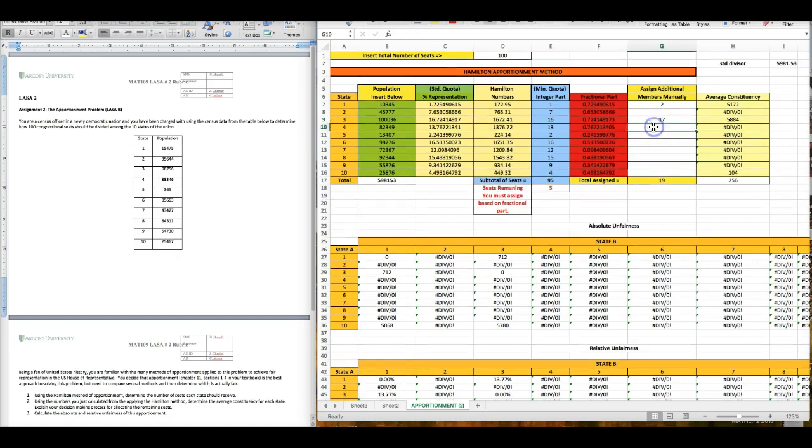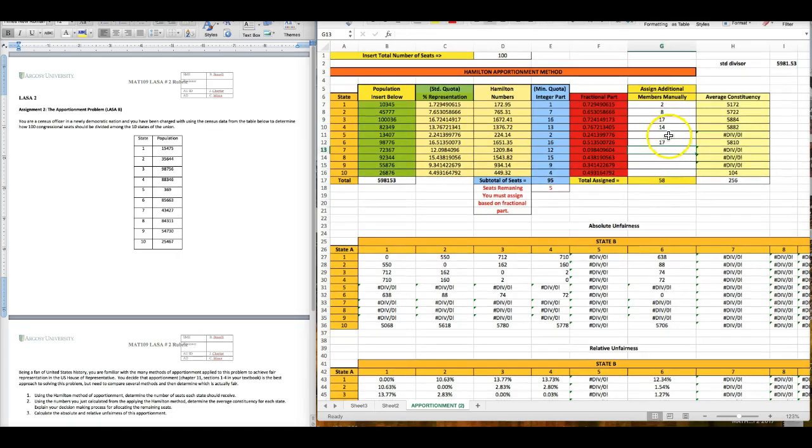Oops, sorry. This one should have got 14 first. And then this one should have got the 17. So then after that, the 0.653 number, they get an extra representative. And that's 4, and we just need 1 more. And I think the next largest fractional one is this one, so that would get 17.